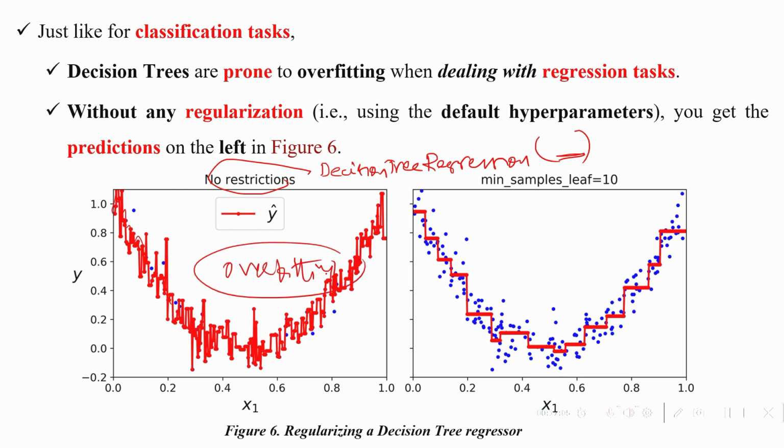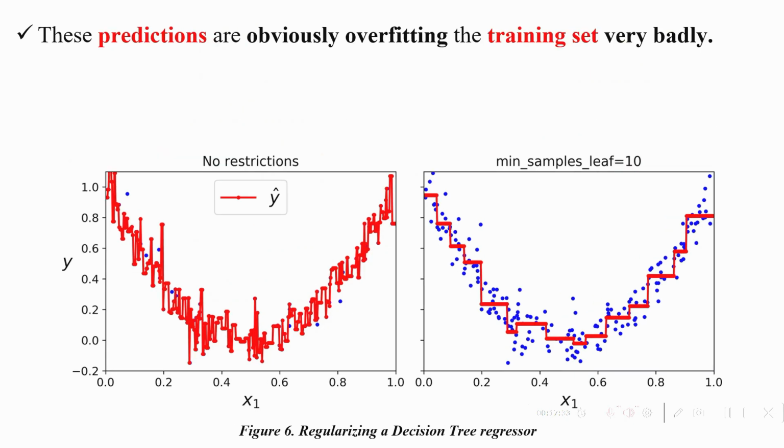This is avoided by regularizing the hyperparameters, by simply setting min_samples_leaf equal to 10. That means we regularize our parameters so that it avoids overfitting, and the model works very well. The predictions on the left obviously overfit the training set very badly.